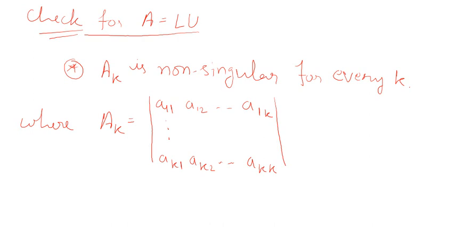So, you are making the block starting from A11, going up to the kth row and kth column. So you need to check for every k, for k equals 1, 2, 3 and so on till n.